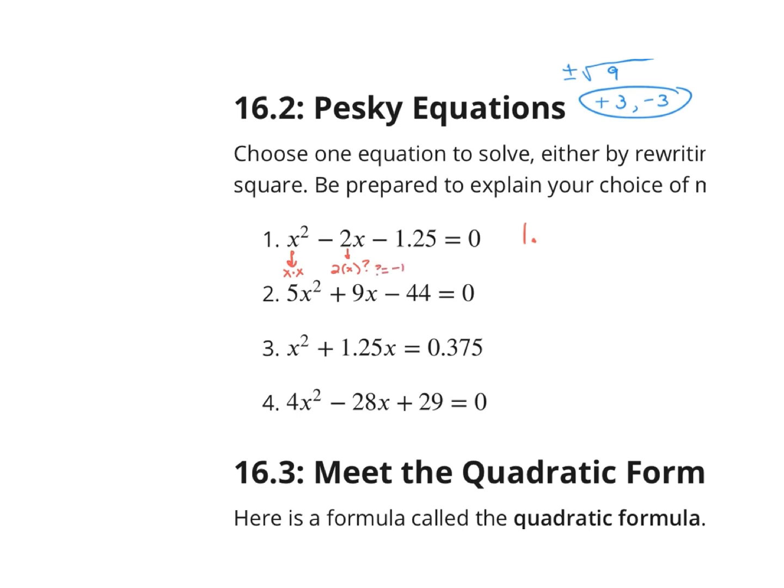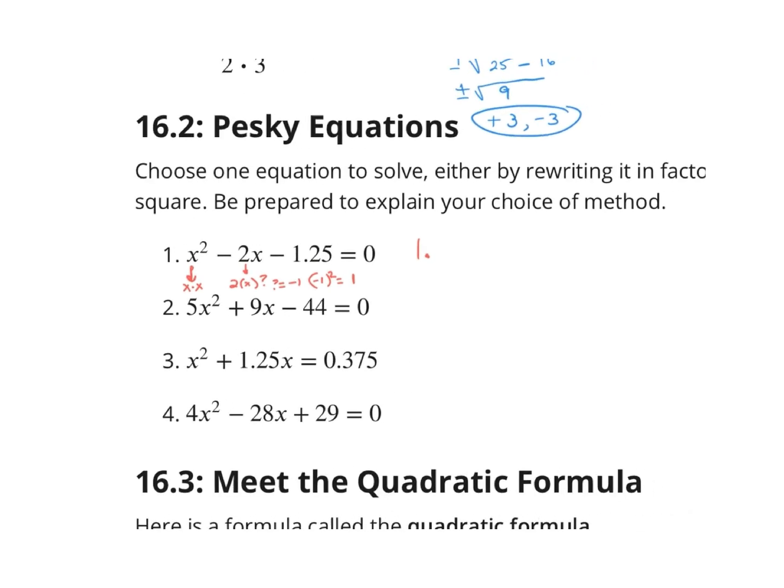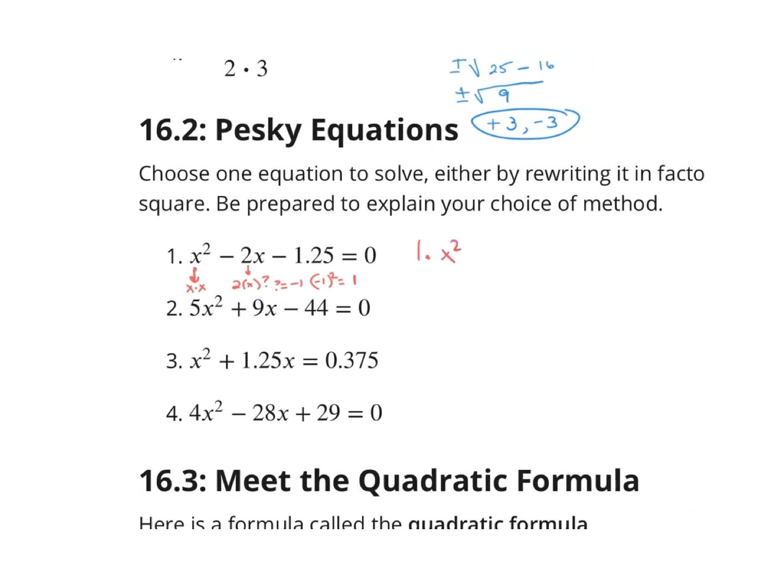When I square -1, that is equal to +1. So the first thing I need to do is change my -1.25 into a +1. And I can do that by adding 2.25. And I'm going to do that to both sides.